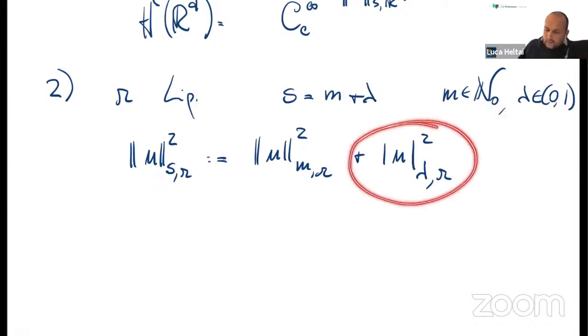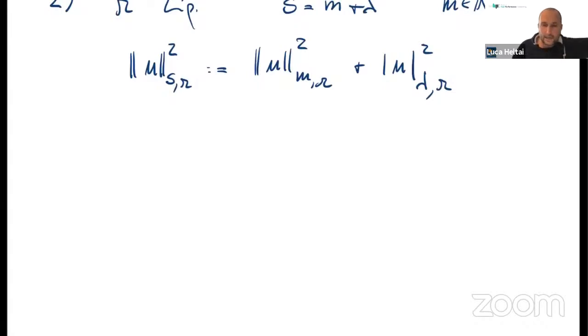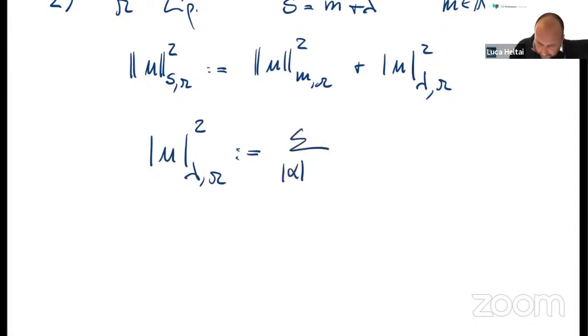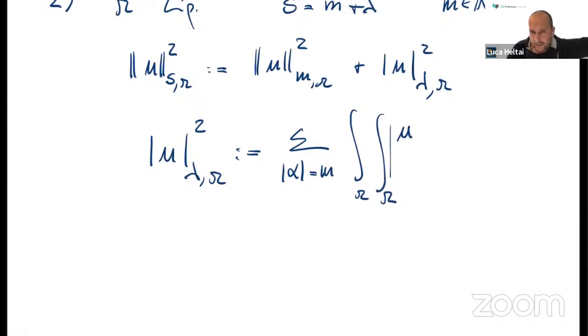And then you add the semi-norm lambda, and the semi-norm lambda is defined in a way which is particularly interesting. So this semi-norm over omega is the sum for alpha equal to m of the double integral over omega, and then instead of taking the usual incremental difference, one takes the incremental difference integrated over the domain.